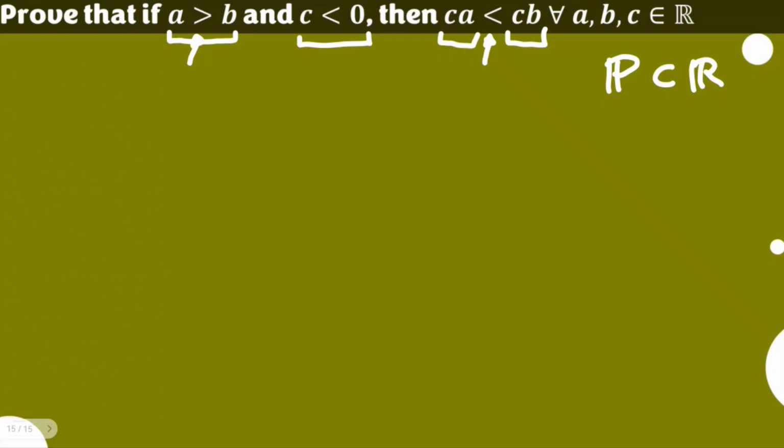Now, the reason for presenting this is because there is a very important property which tells us that if there are two real numbers, let's say x and y, and x is greater than y, we will be using this because we have the inequality here as well.